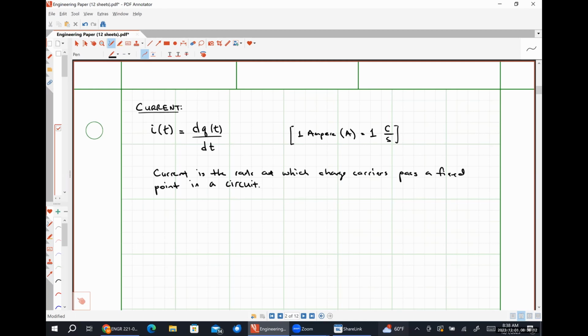So we now know that electrons are the principal charge carriers for electrical current, which means that electron flow is actually opposite the direction of conventional current flow. We're not really going to be dealing with electron flow too much in this class.